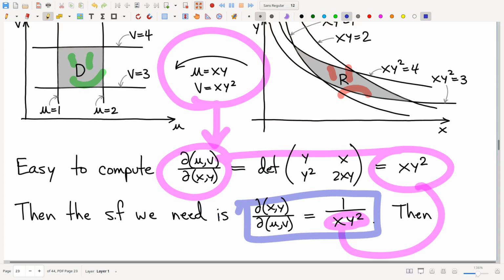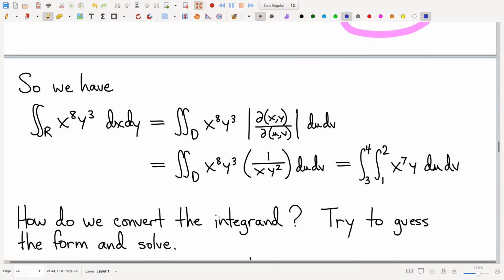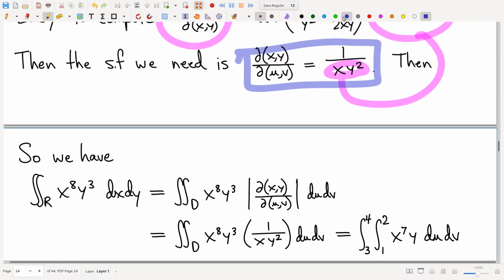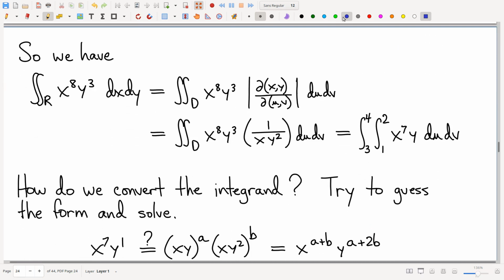Which, by the way, if you get confused as to, wait a minute, how do I know it goes that way and not the other way? Remember, the algebra, the notation keeps track of this for you. We started off with an integral dx dy. Oh, see, I forgot what I used for my colors. Okay, fine. I started off with dx dy.